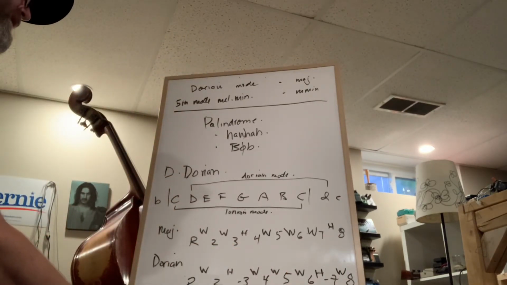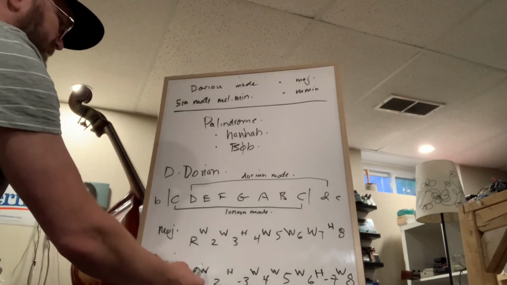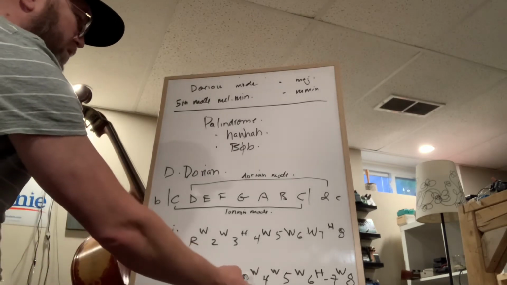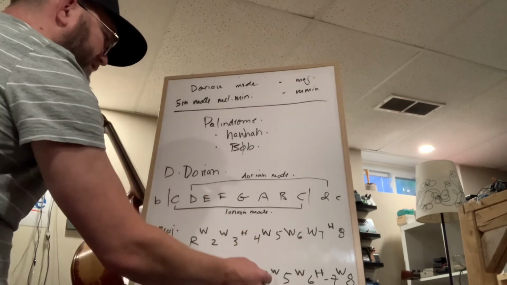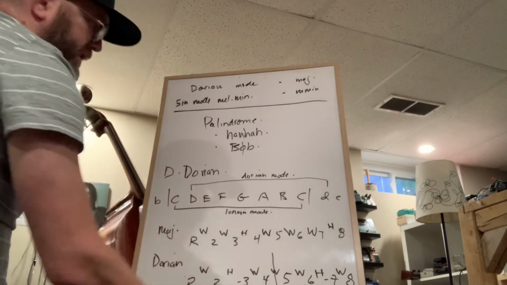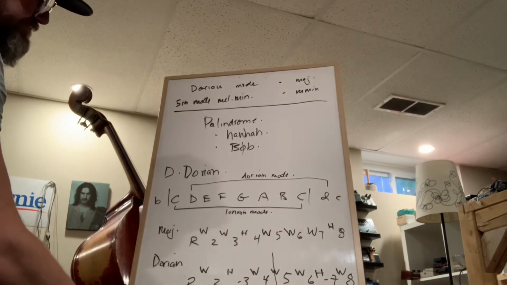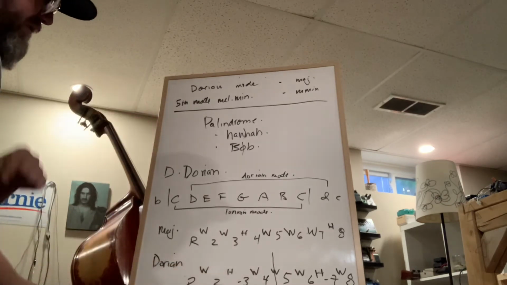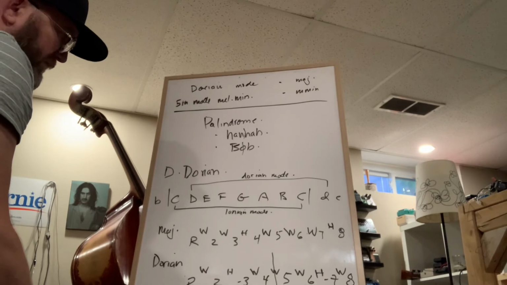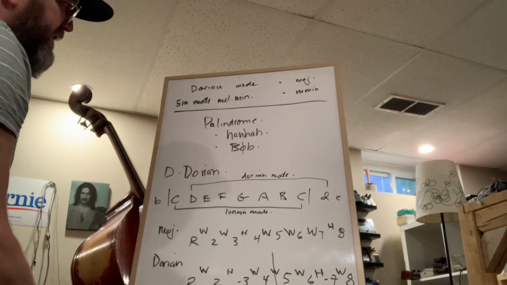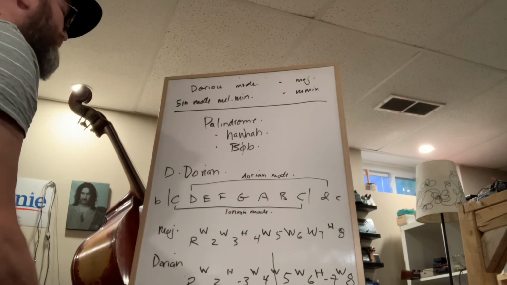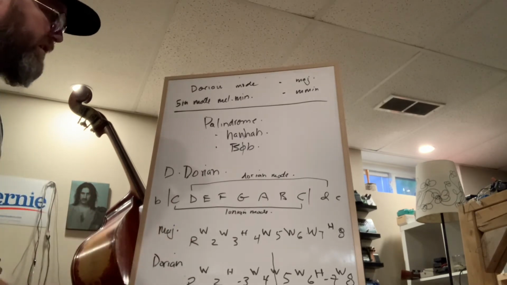And you can see that it's whole, half, whole, whole, whole, half, whole. If we divide this in the middle here, you can see it's perfectly symmetrical. It's perfectly reversible. And so that makes it kind of unique, at least in major harmony.